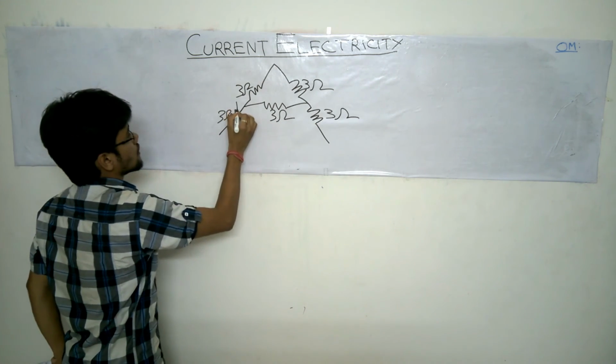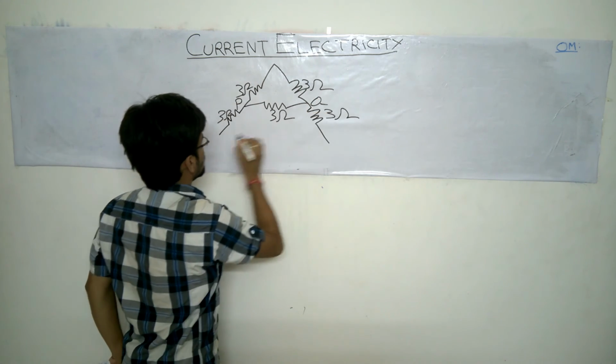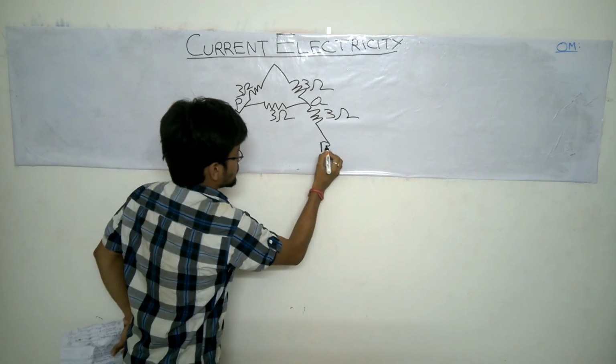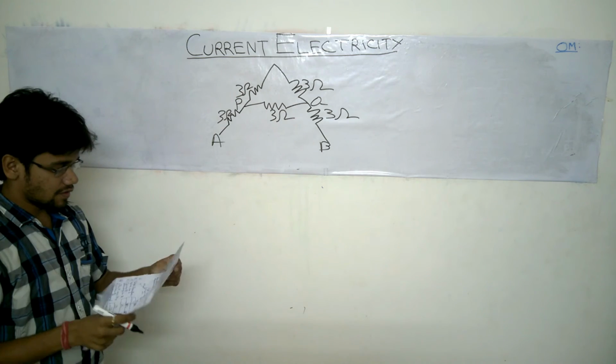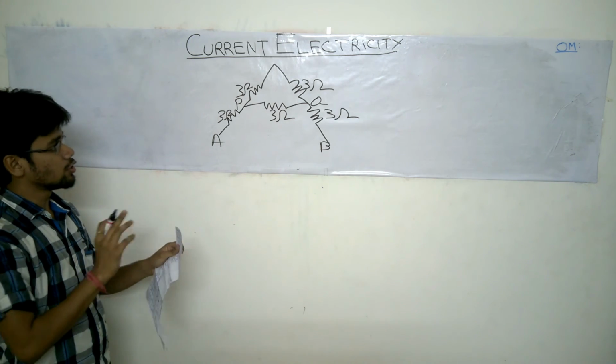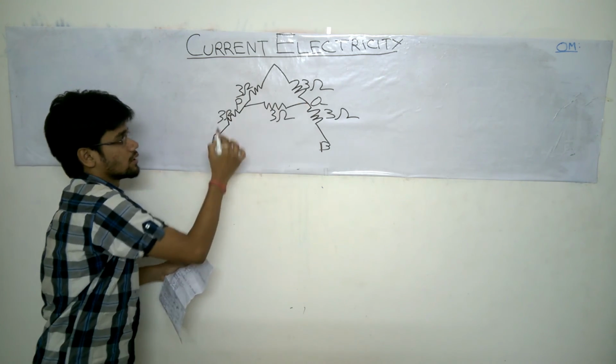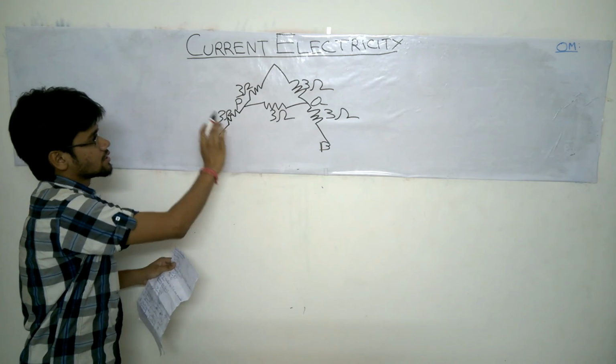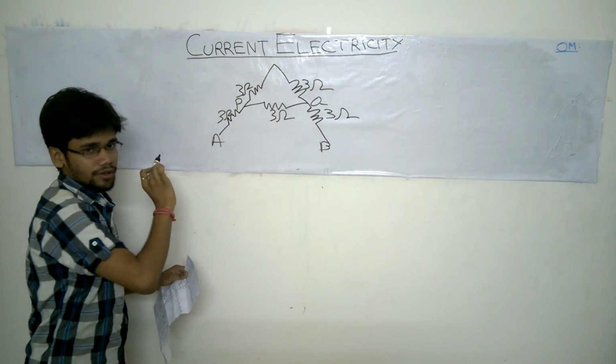So in the question it is told that we need to calculate the resistance between 2 points P and Q, and A and B. First we will calculate the resistance between P and Q.